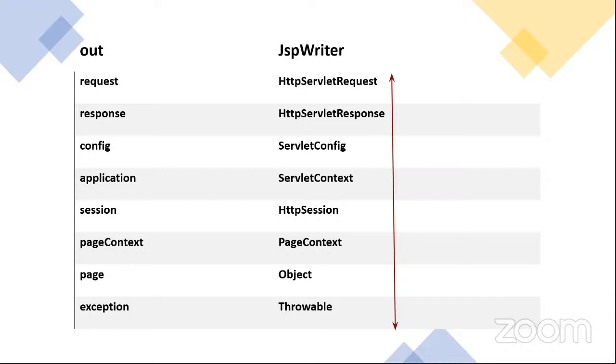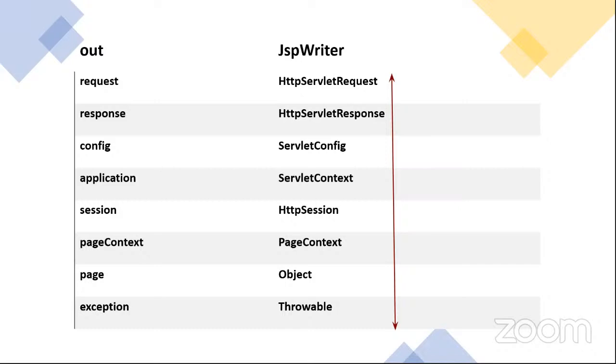And exceptions: one advantage here in JSP is that we can handle exceptions by using this exception object. Along with it, we have page properties like isErrorPage and errorPage. We'll see that with a hands-on, so then you people will get clear.